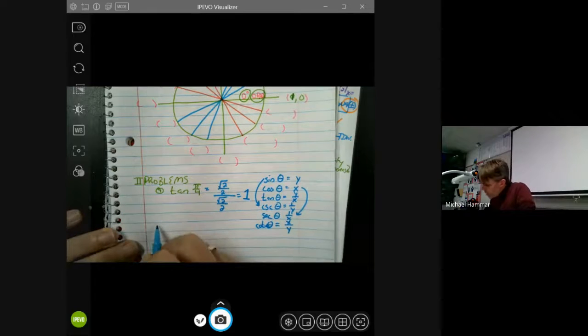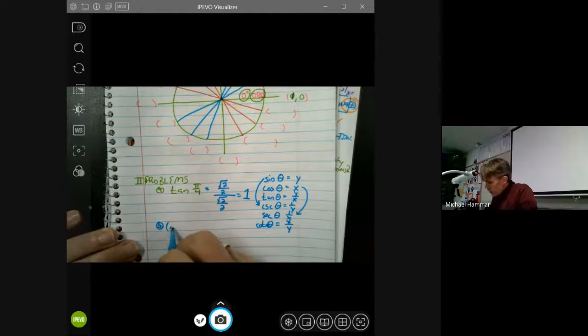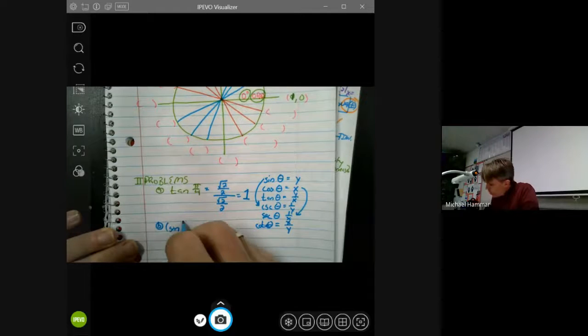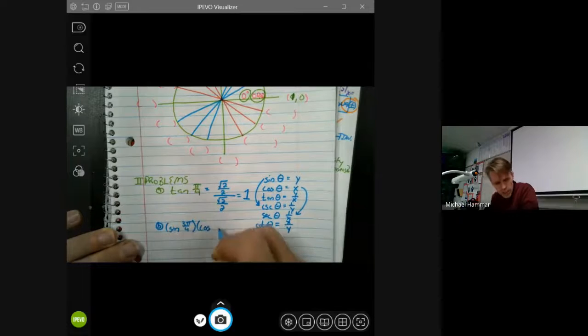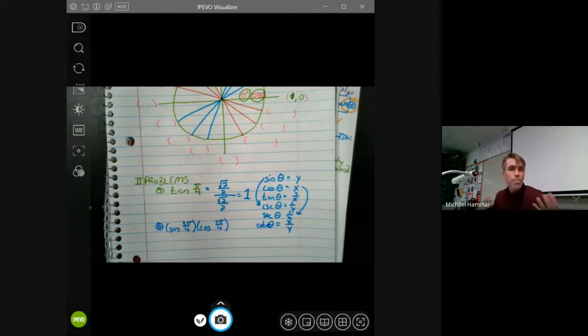Now, what if we get to something a little bit more complicated? What if I give you the sine of 3 pi over 4 times the cosine of 5 pi over 4? The biggest thing here is you need to know the value at those points.